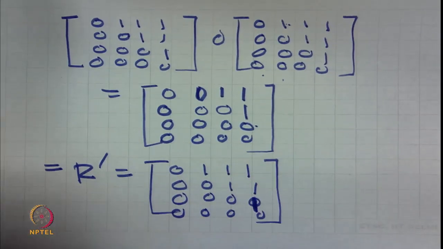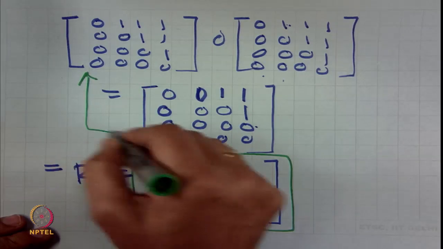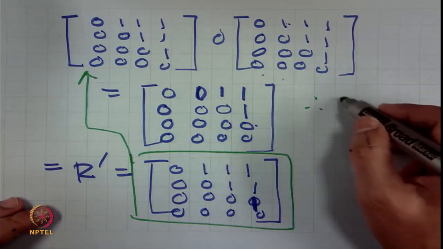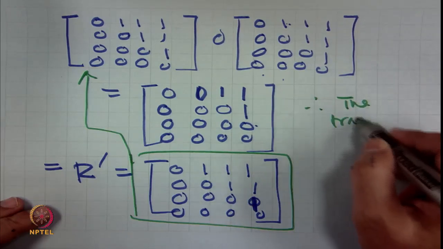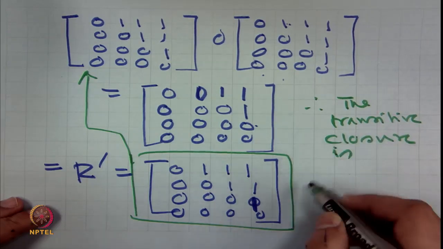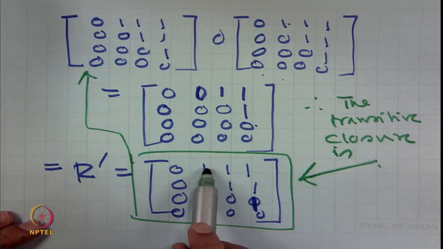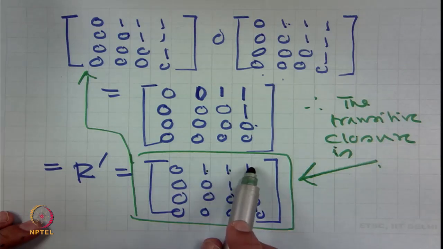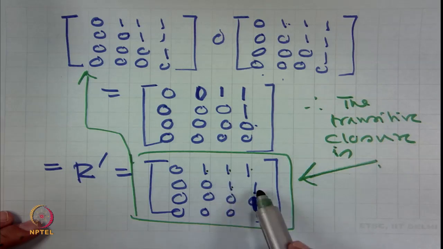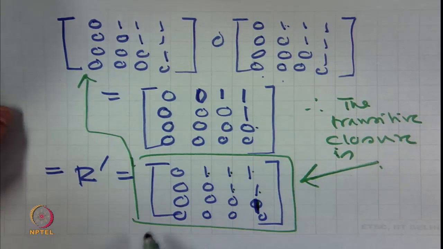Thus, we get this R prime is same as this R. Therefore, the transitive closure is this matrix, and it shows that B is reachable from A, C is reachable from A, D is reachable from A, C is reachable from B, D is reachable from B, and of course, D is reachable from C. So, that gives the idea of transitive closure.